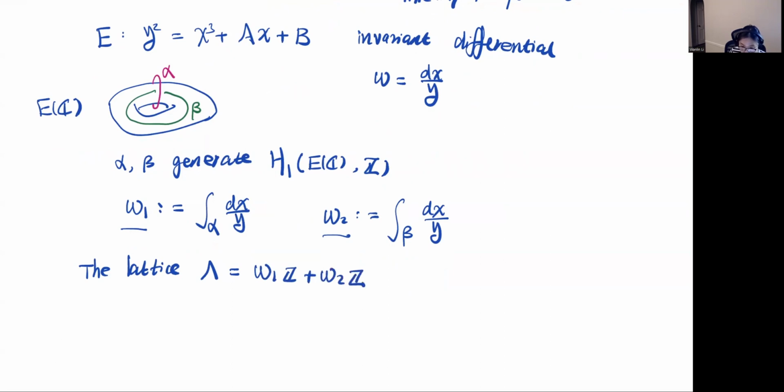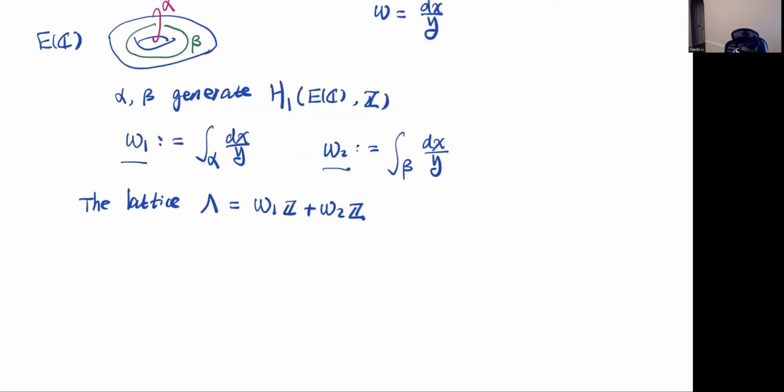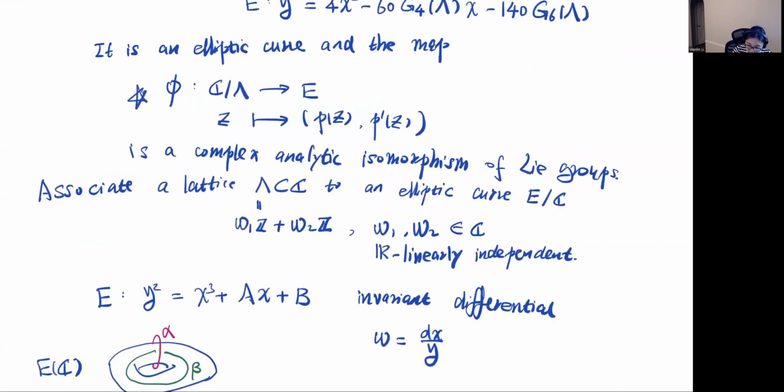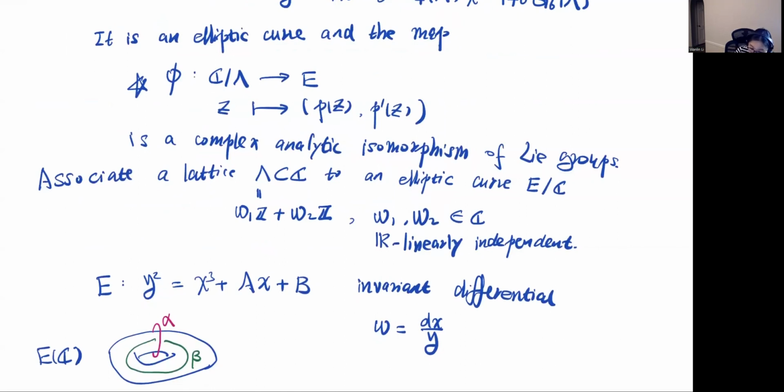Okay, and we can define the following map. So I want to identify the set of C points of E with C mod Lambda. So this would be the inverse map of this map phi we just talked about. Okay, so phi associates every point in C mod lattice to a complex point on E, right?